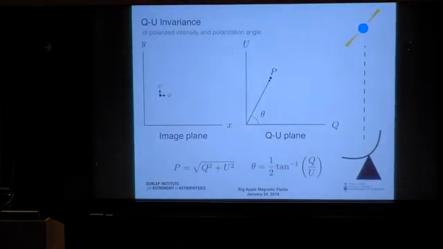So just to talk a little bit about why it's really difficult to interpret these data sets. If we imagine we're looking at some distant pulsar that has an intrinsic polarization, and we observe it in our image plane, then if we can measure its polarization, we'll measure the polarized intensity and its corresponding polarization angle, which is defined below. All super simple. However, if we happen to have some intervening foreground medium that's causing Faraday rotation, that's going to rotate the polarization and change the polarization angle that we observe.